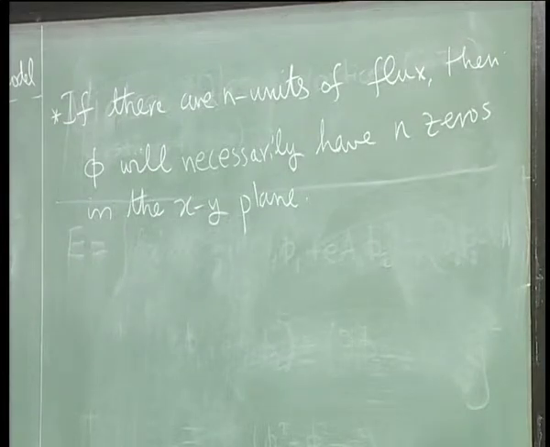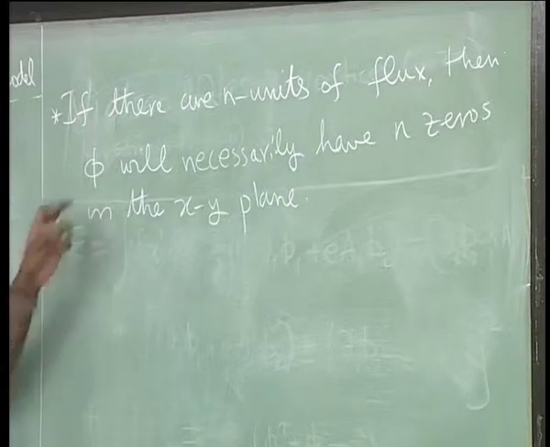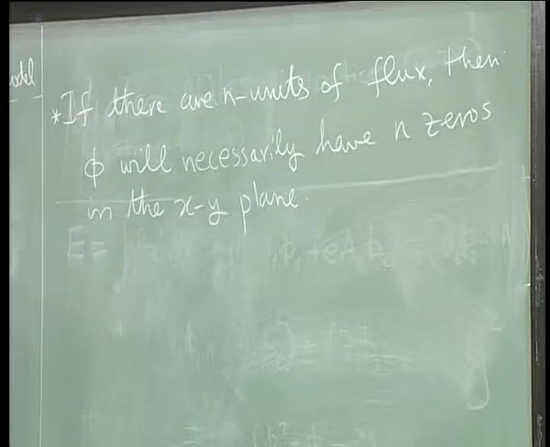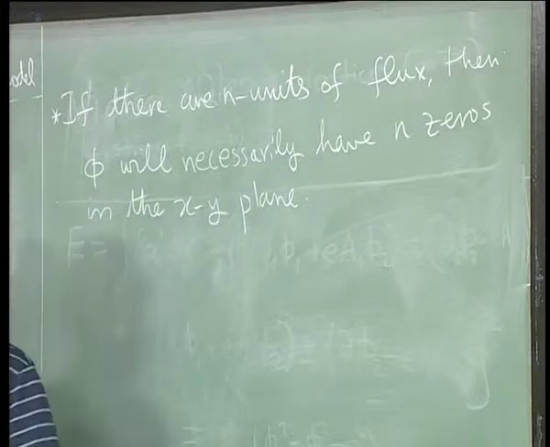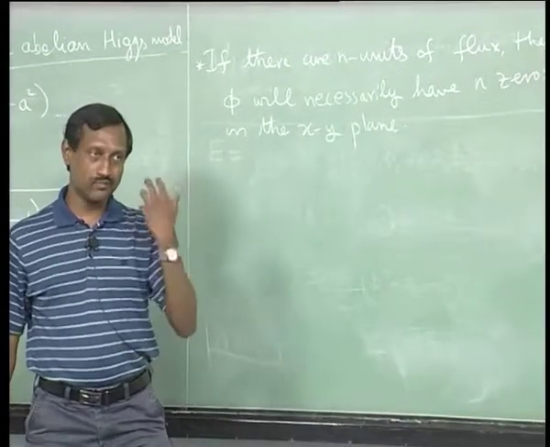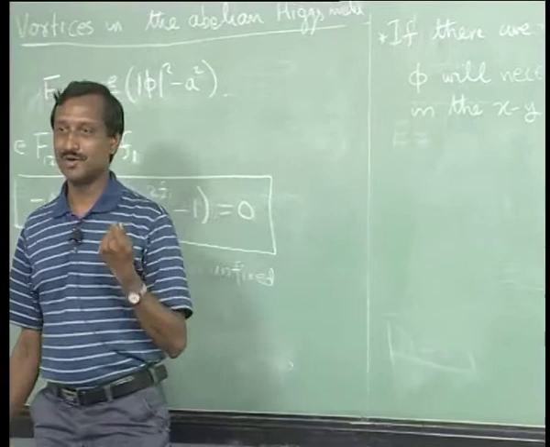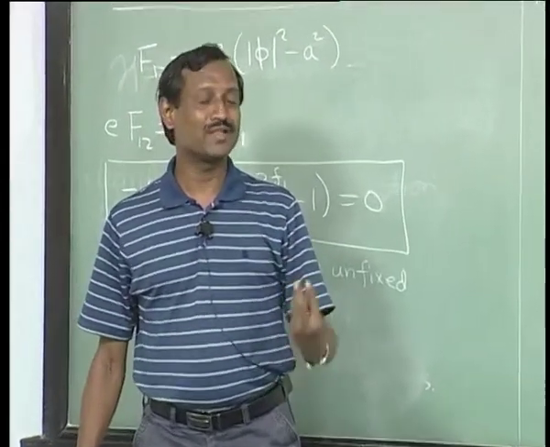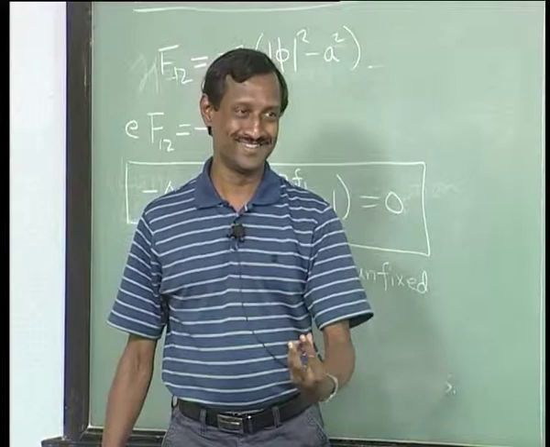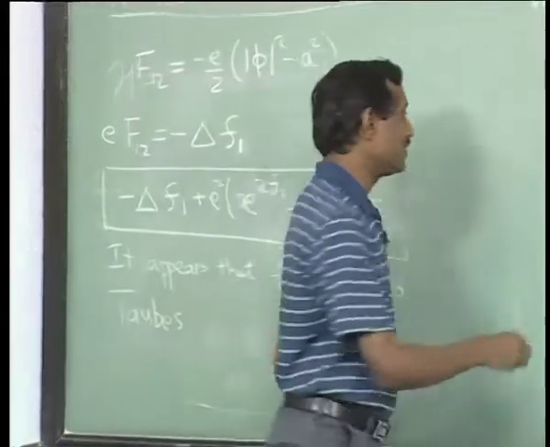These zeros need not be distinct, they can actually be coincident on top of each other, etc. Okay. And intuitively what it tells you is that at a point where phi vanishes, you have full symmetry restoration. Or if you go back to the superconductivity story where mod phi gives you the density of the Cooper pairs, it tells you that there are no Cooper pairs at phi equal to 0. So that is roughly where you would expect a normal state when there are no Cooper pairs.